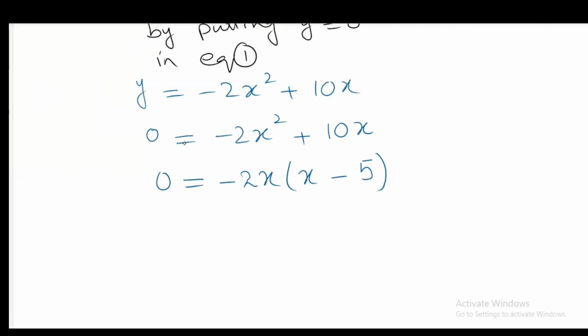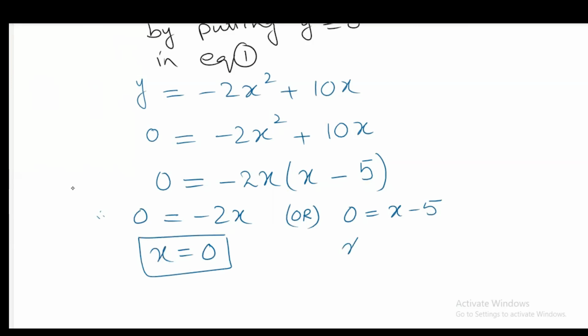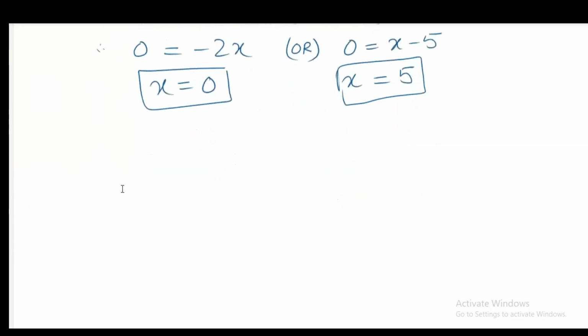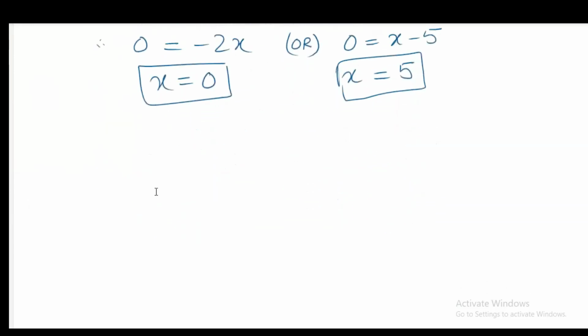Now equating minus 2x and x minus 5 with 0. So we can write 0 equals minus 2x, or 0 equals x minus 5. You can say x equals 0, or x equals 5. These are the x-intercepts of the parabola.